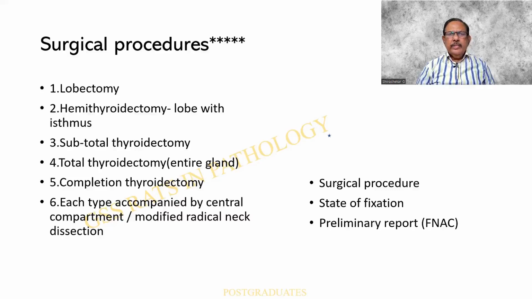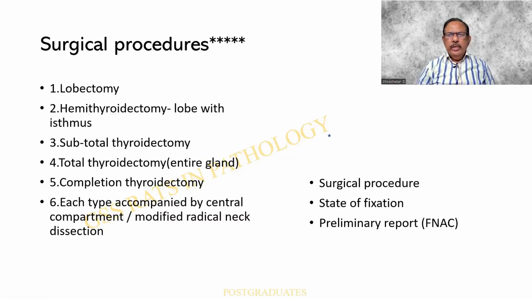Completion is when the surgeon revisits, when there is a defect or there are multiple nodules or specks that have been identified by radiology. Each type can be accompanied by a central compartment clearance, and there can also be a modified radical neck dissection.